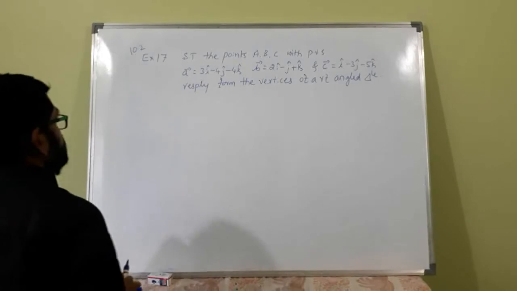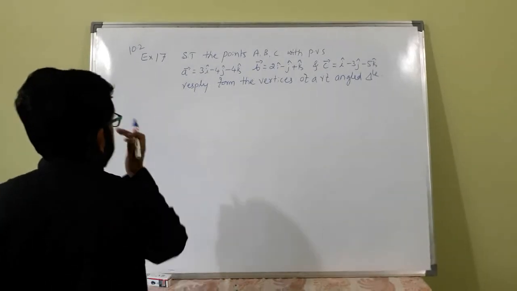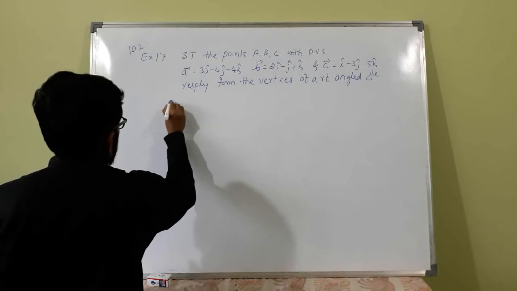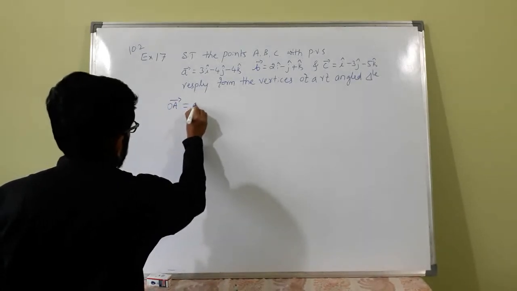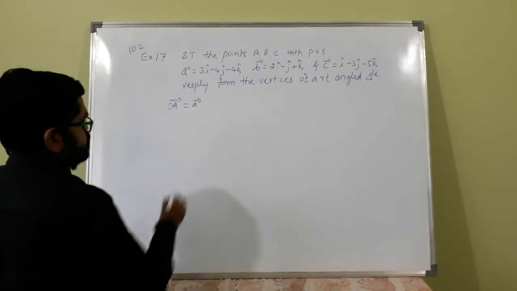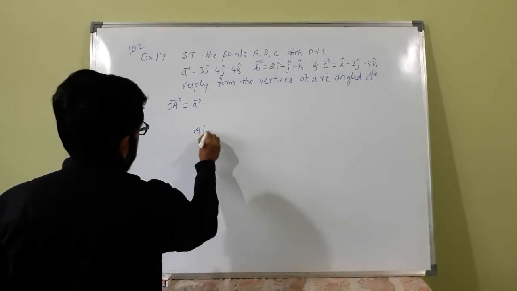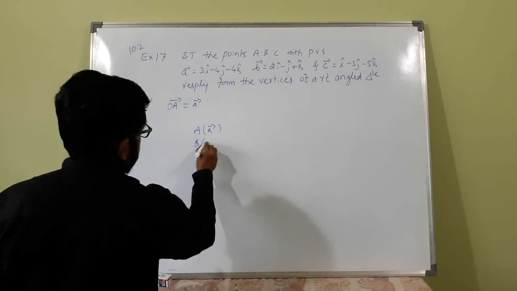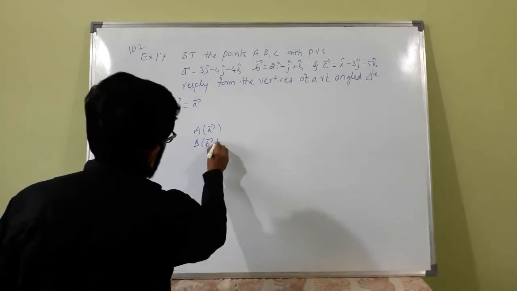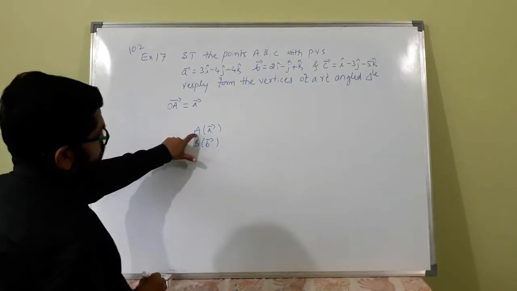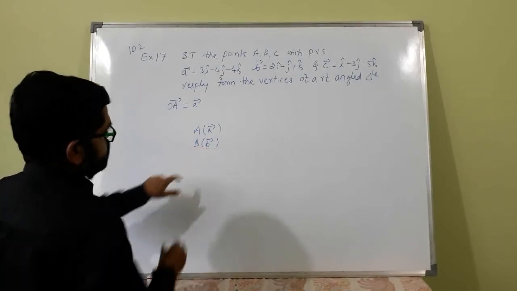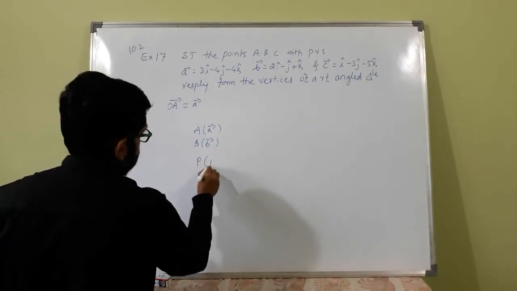See what is given here, OA. While writing, if you write like this, it indicates a point with position vector A, suppose P with position vector p.